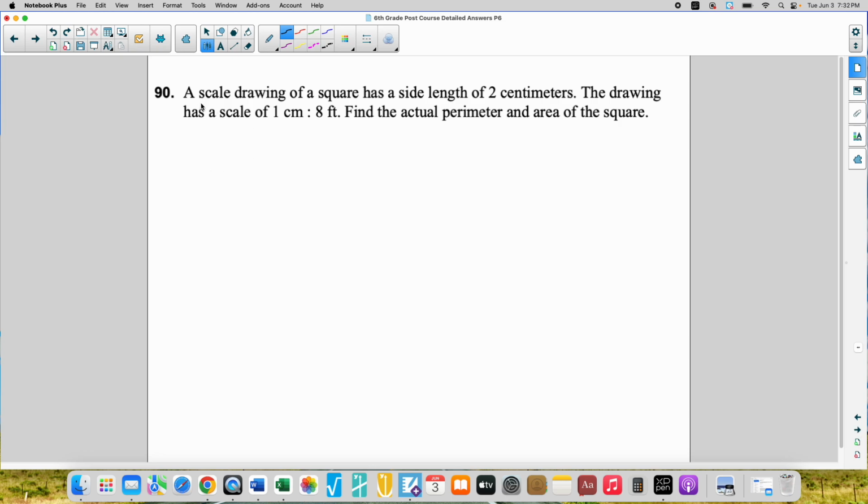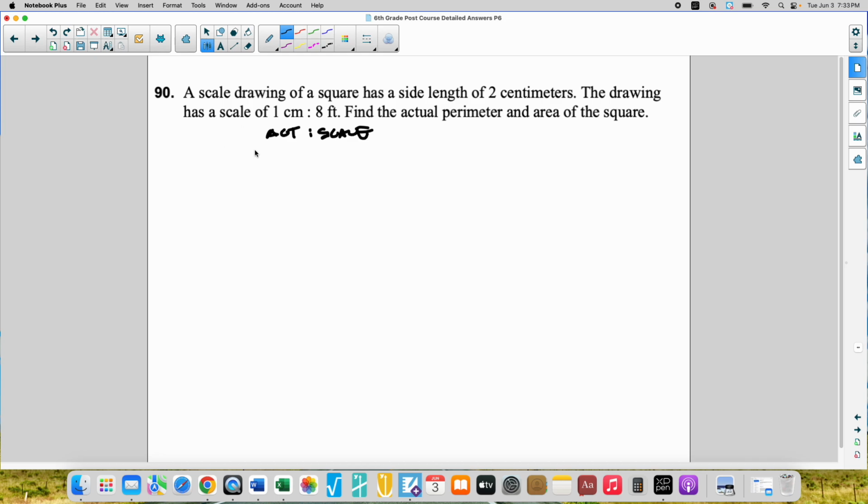A scale drawing of a square has a side length of 2 centimeters. The drawing has a scale of 1 centimeter to 8 feet. Find the actual perimeter and area of the square. So scale to actual is typically how they do it.